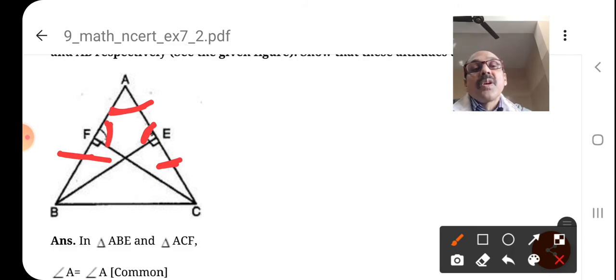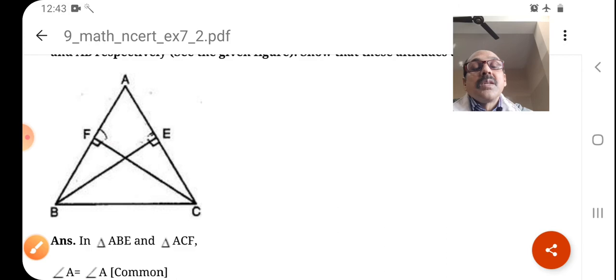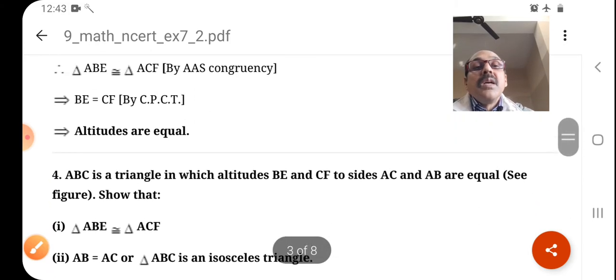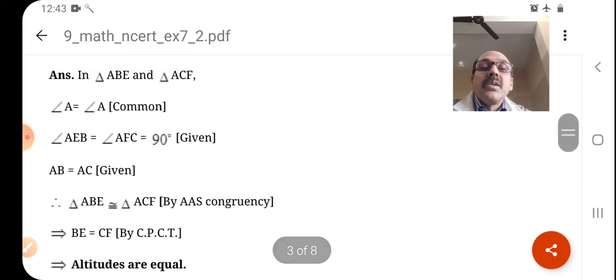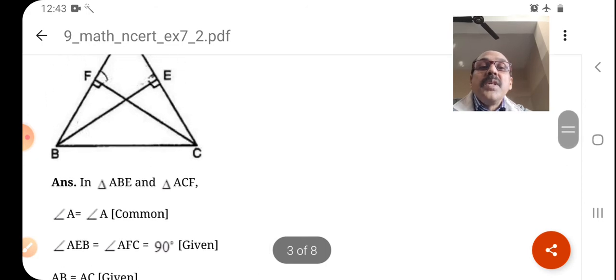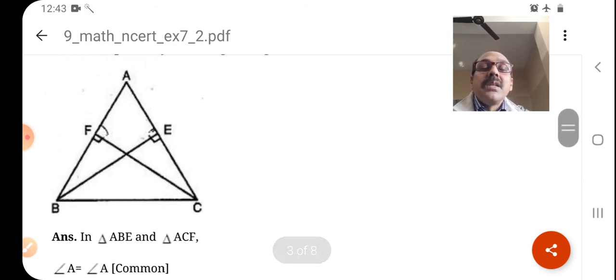So angle, angle, side, that means AAS, angle angle side congruency. So triangle ABE and ACF are congruent by AAS congruency.